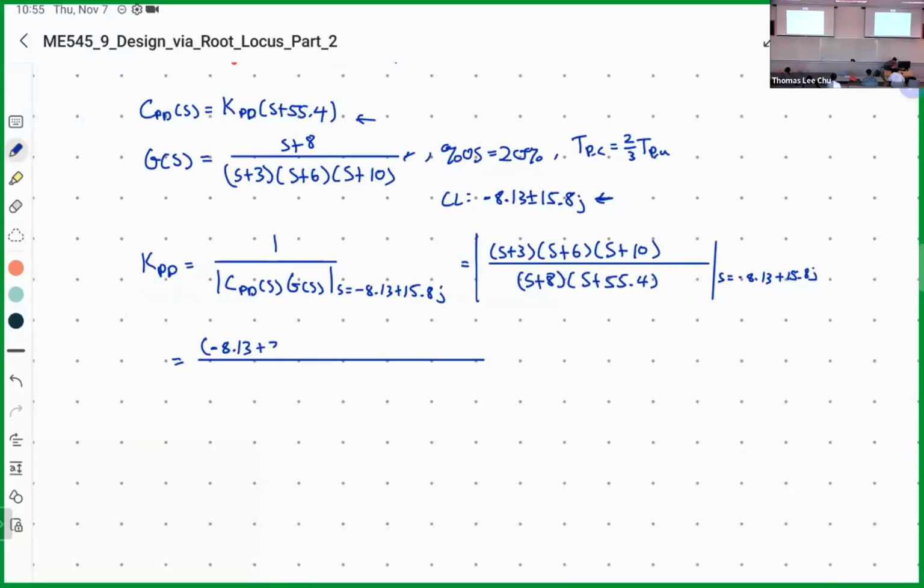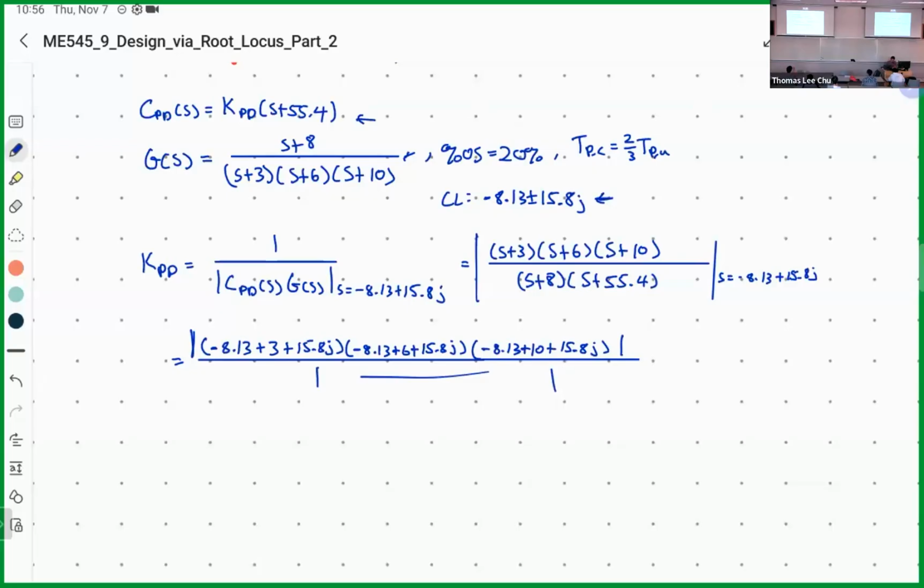So minus 8.13 plus 3 plus 15.8j, times minus 8.13 plus 6 plus 15.8j, and then minus 8.13 plus 10 plus 15.8j. Oh, okay, yeah. Okay, cool. So then same thing in the denominator.